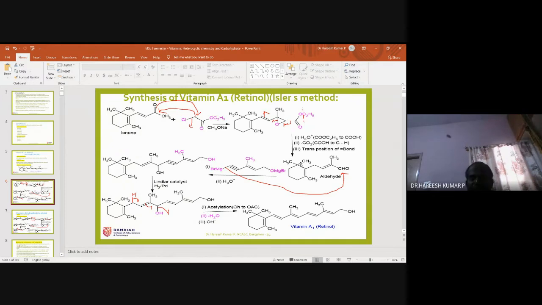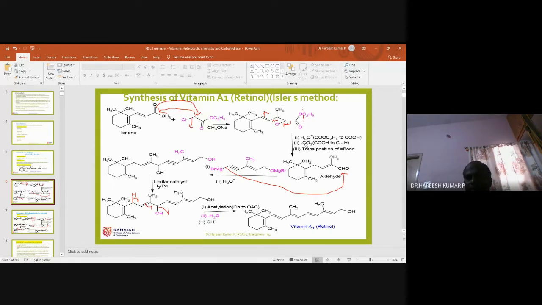From here to here, a three-step reaction is involved. What is the first step? The first step is ester hydrolysis. This is an ester, no? The C2H5 is broken down to give an acid, meaning the ester is converted into an acid when treated with a proton source, which may be sulfuric acid or HCl.